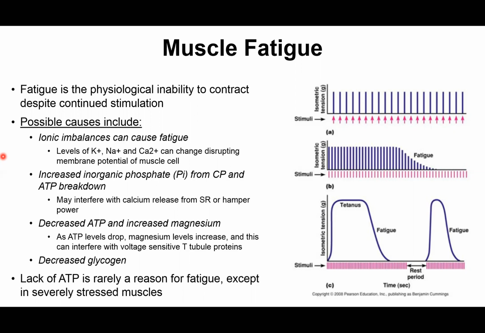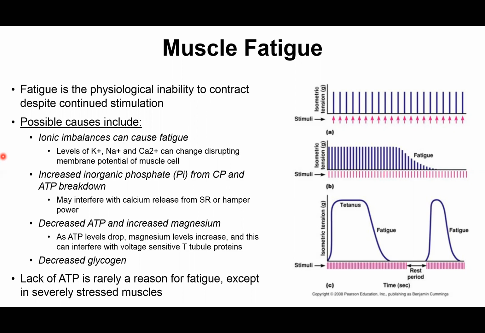Some of the causes of muscle fatigue can be things like ionic imbalances. Our potassium, sodium, and calcium levels can change, and this would disrupt the membrane potential of the muscle fibers.